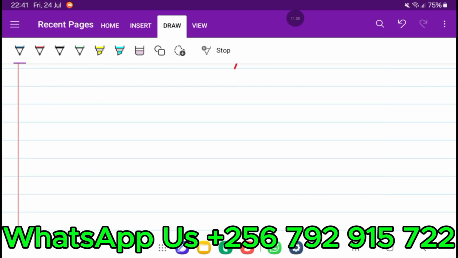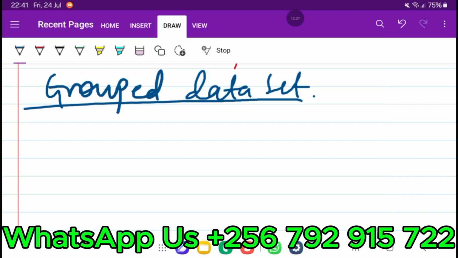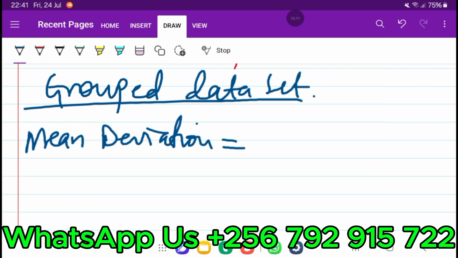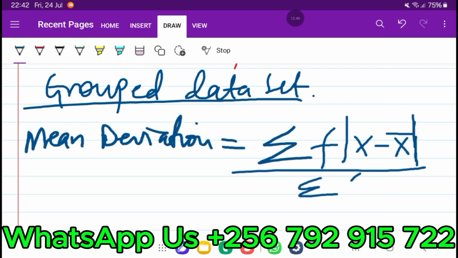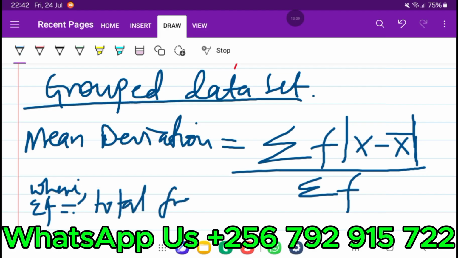For a grouped data set, the mean deviation is given by, now we just put in the frequency: summation f times the absolute value of x minus x bar, divided by summation f, where summation f is the total frequency.